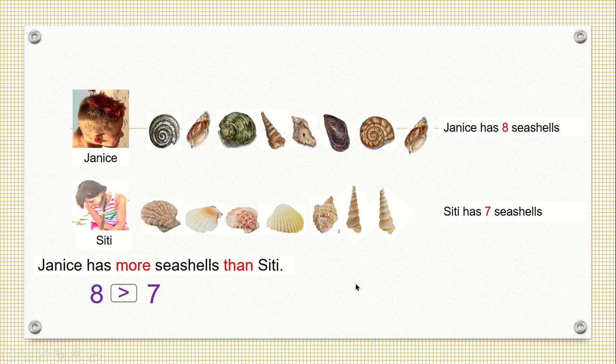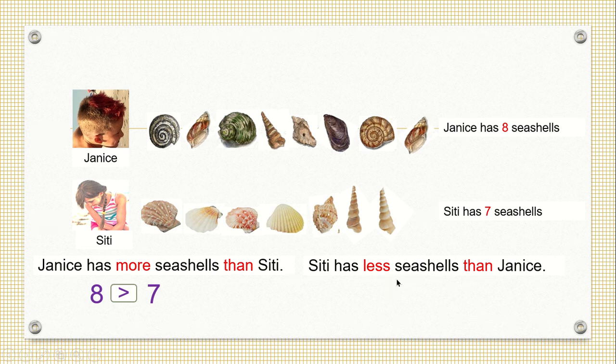Okay? And also we can see that Siti has less seashells than Janice. Less is the same as small. When we say less than, it is the same as smaller than, or the same as fewer than.